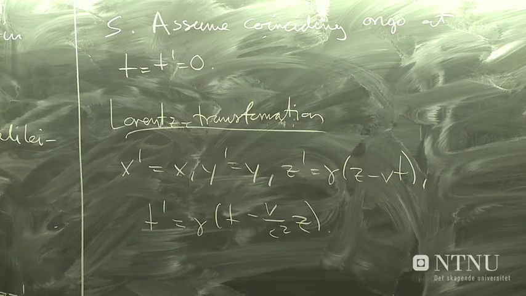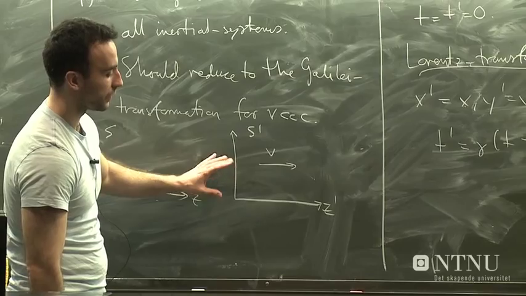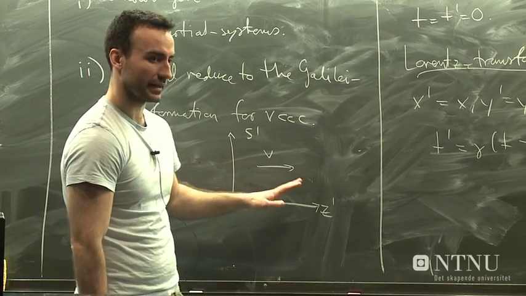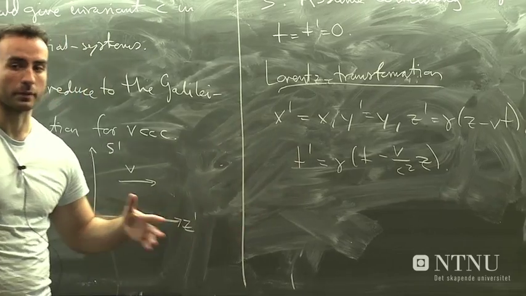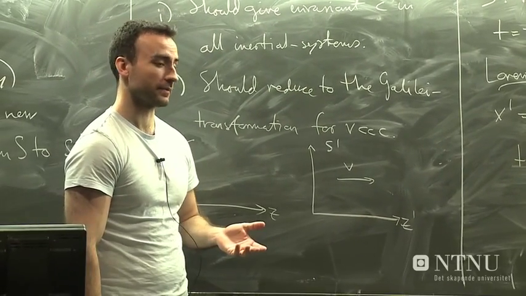So what this tells us is that when this coordinate system is moving with a velocity v along the z-axis, the two perpendicular coordinates, the two perpendicular axes remain unchanged.